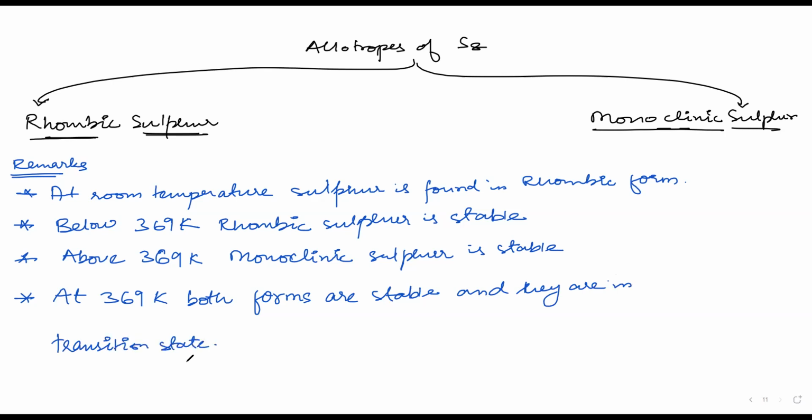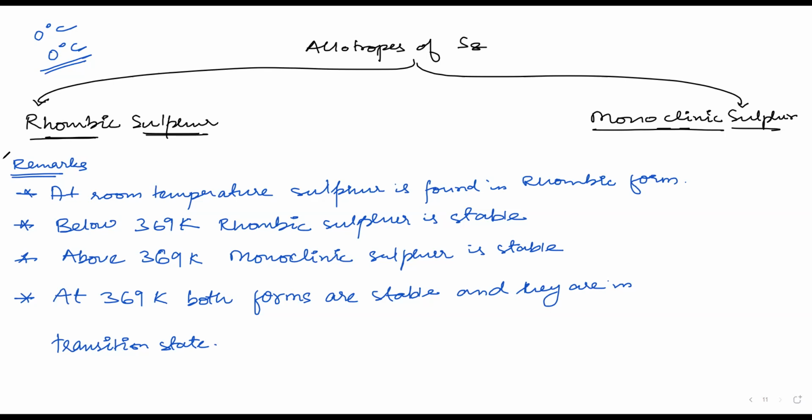For example, I asked my sister, who is in 8th standard, at what temperature water freezes. She said 0 degrees Celsius. Okay, fine. I asked her at what temperature ice melts. She said 0 degrees Celsius. So what is stable at 0 degrees Celsius?